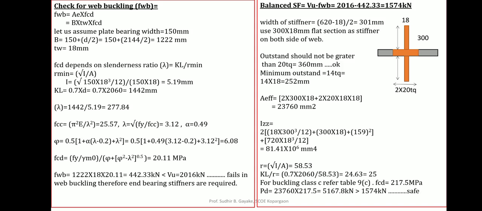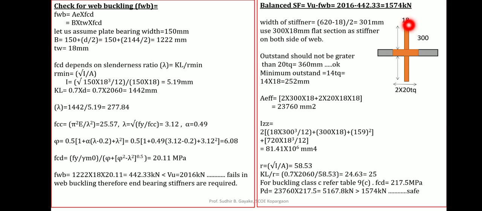From the width of the flange you can define the maximum outstand possible. It will be 620 minus 18 divided by 2, which is 301 mm. So the maximum outstand that can be provided is 301 mm. Suppose we assume stiffeners of size 300 by 18.